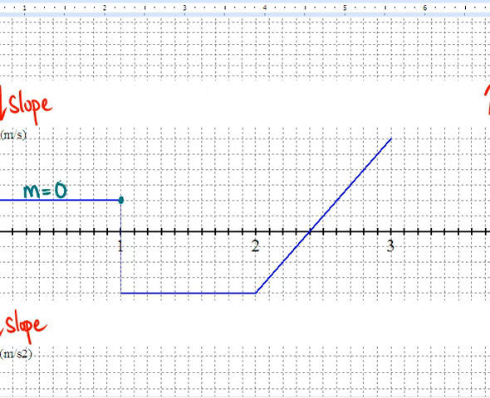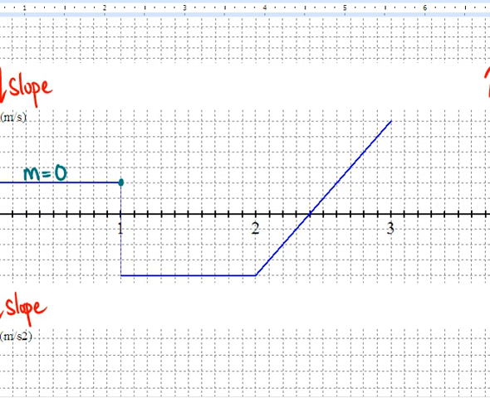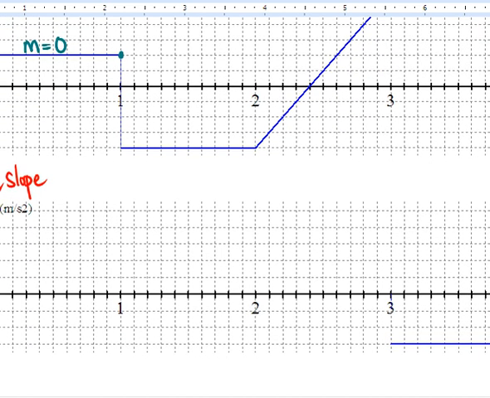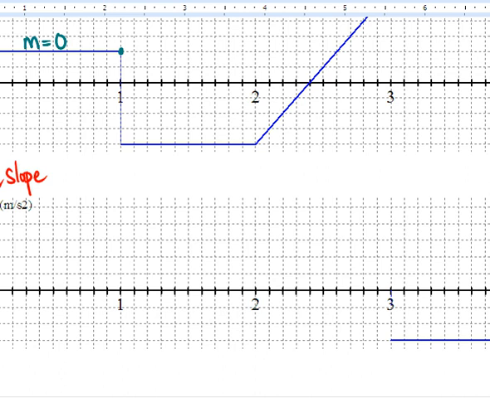It has a slope of 0. What is the object doing in that 1 second time interval? I can see from that velocity time graph that it's just cruising along at 10 meters per second. That means it has no acceleration. So the slope of 0 means on the acceleration time graph, we are going to show that the object has no acceleration for the first second.